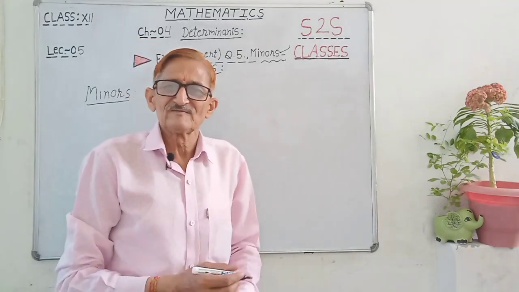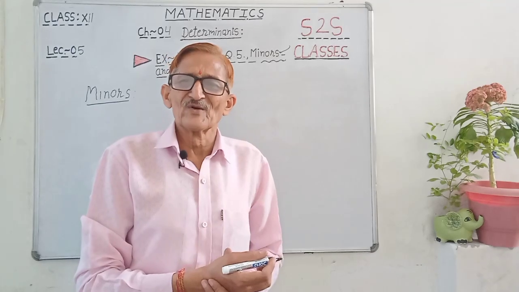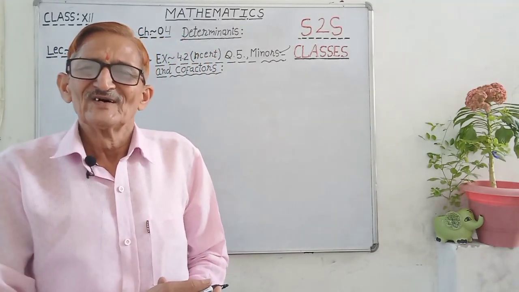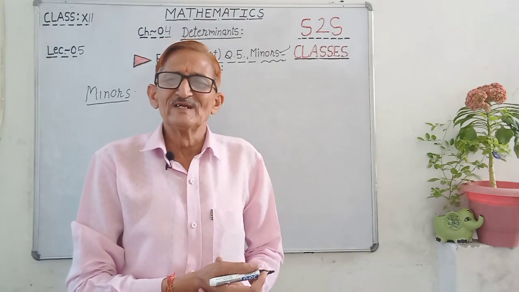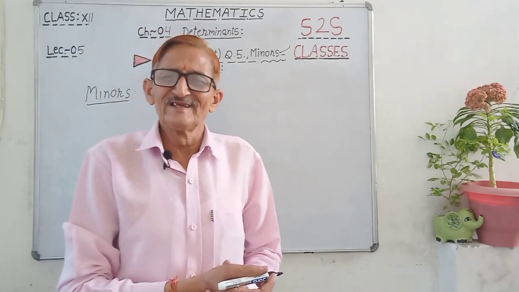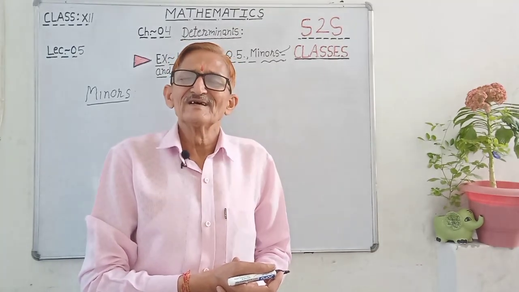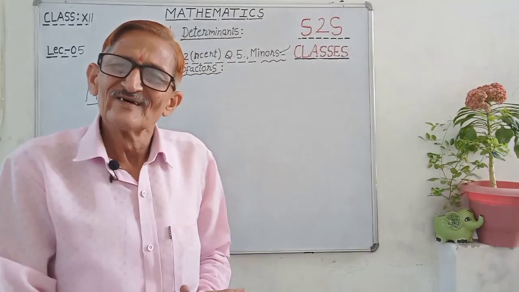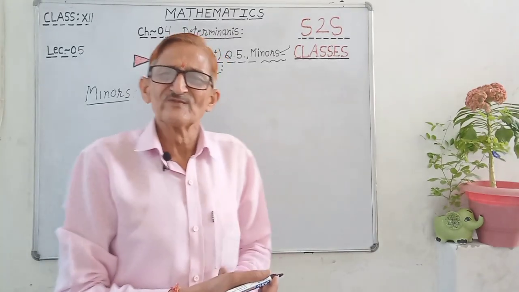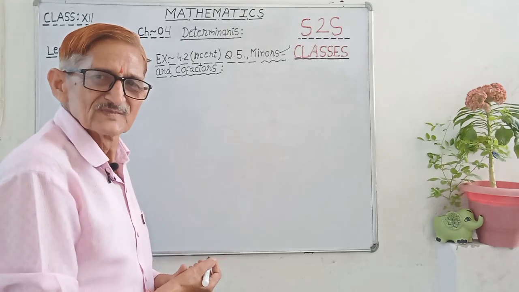Leave the element and along that element cancel the row and column. Find the remaining square matrix, or the remaining only one by one matrix, a single number, that will be the minor.